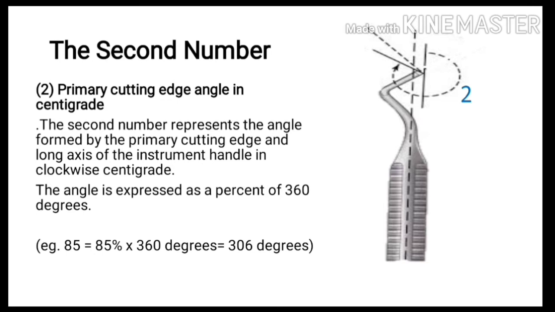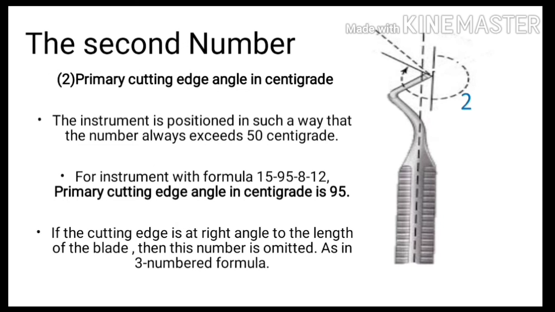The angle is expressed as a percentage of 360 degrees. For example, if 85 is the given number, then it represents 85% of 360 degrees, that is 306 degrees. This instrument is positioned in such a way that this primary cutting edge angle always exceeds 50 centigrade.